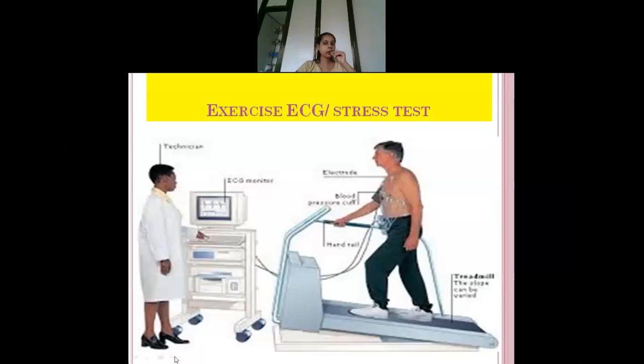You will ask the person to do some exercise, and then you monitor the person's vital signs like heart rate, blood pressure, and ECG. That is done particularly in this exercise stress test or cardiac stress test. It is measuring the ability of the heart to respond to the stresses.